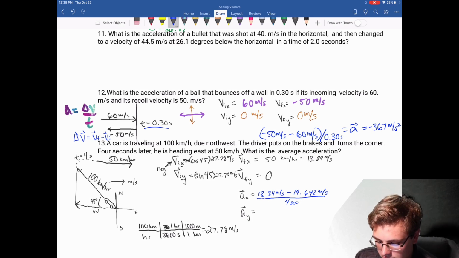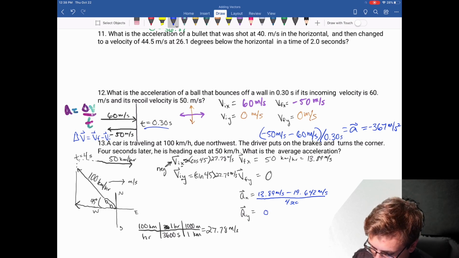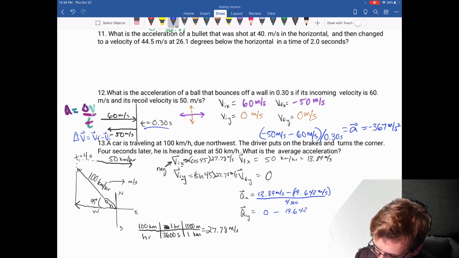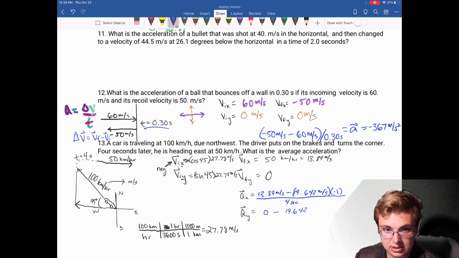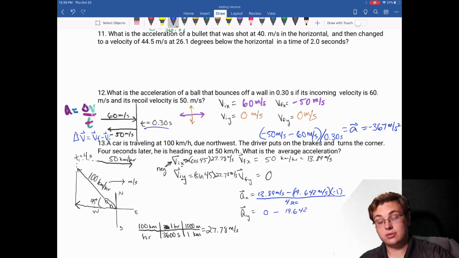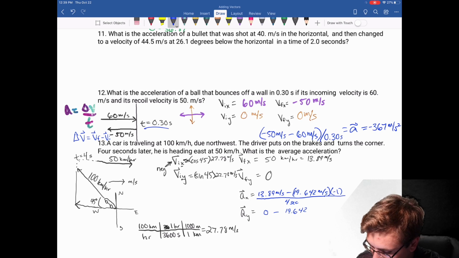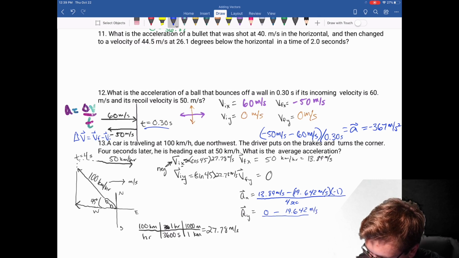In our y direction, we have 0 minus 19.642. By the way, this should be negative. I'm just going to multiply that by -1 because it's in our negative direction, it's to the left, as we defined earlier, divided by our 4 seconds.